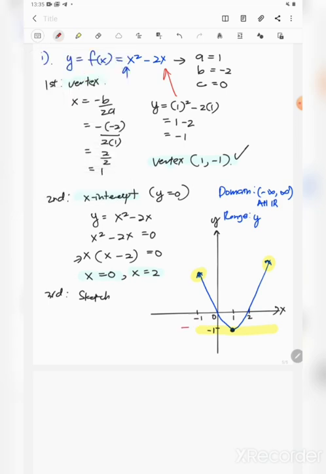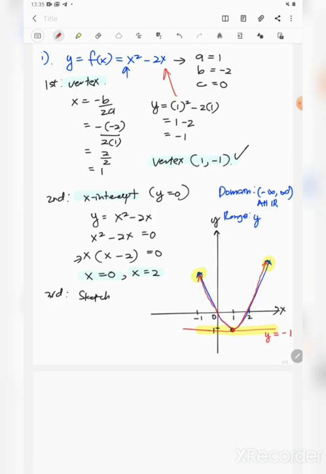This is the lowest part, the lowest part is here. So we know that this is when y equals negative 1. And then we see the graph goes up to the left and right side.